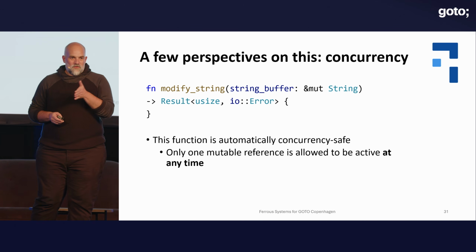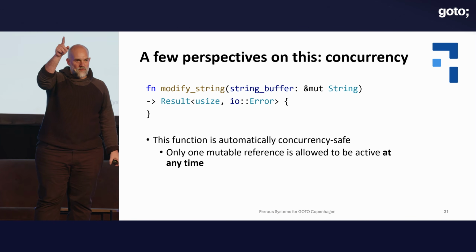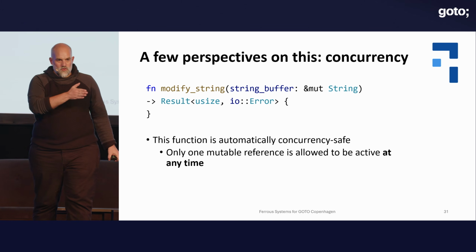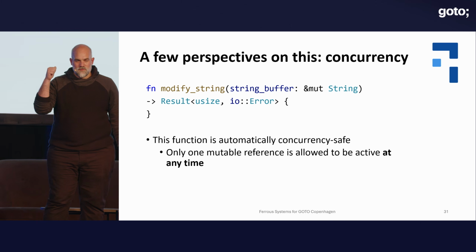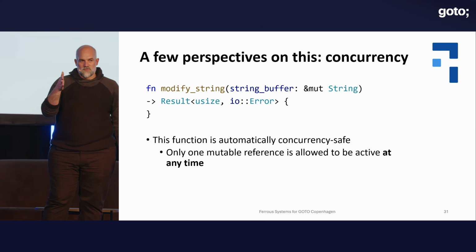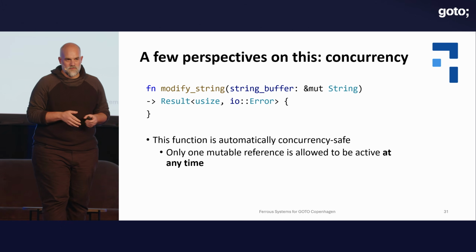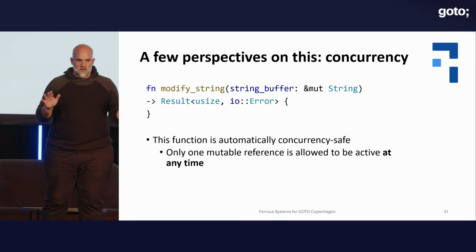Because a mutable reference is not only unique in the sense that it points to this part of memory, but also in time. There can be no two of those available at any time. So when you're implementing that function, you can be completely sure that this reference is only available once, and you don't need to think about concurrency at all. You're the only one who currently has mutable access to that piece of memory. Do whatever you want.